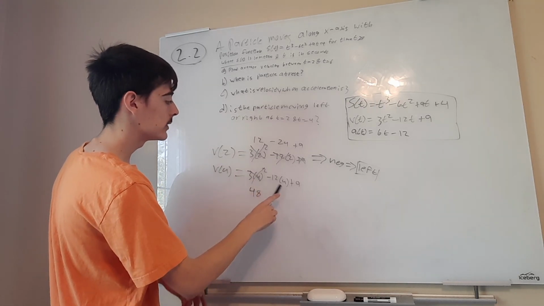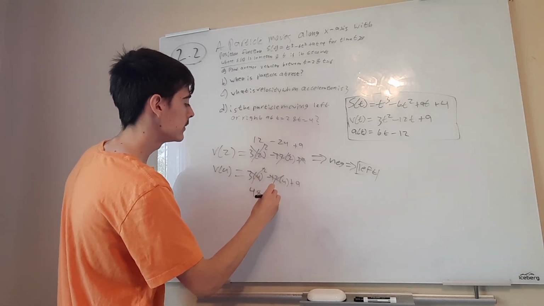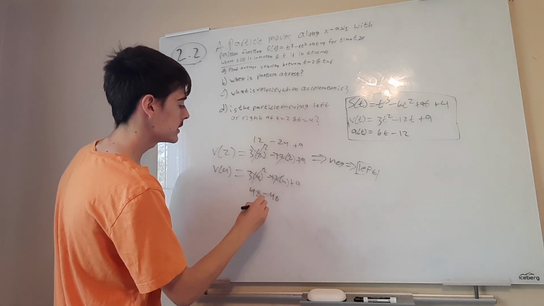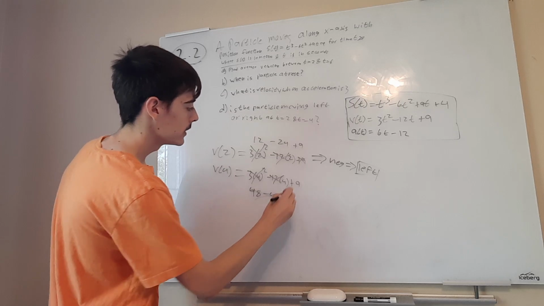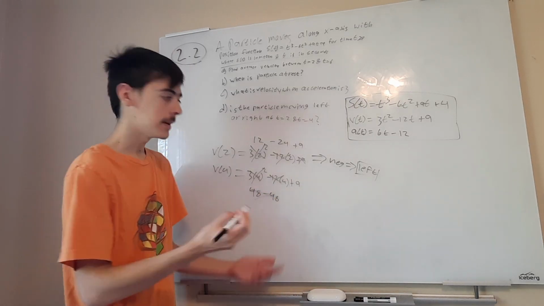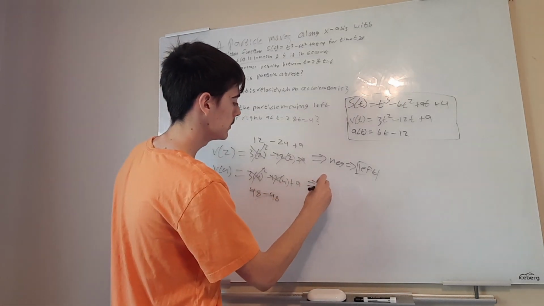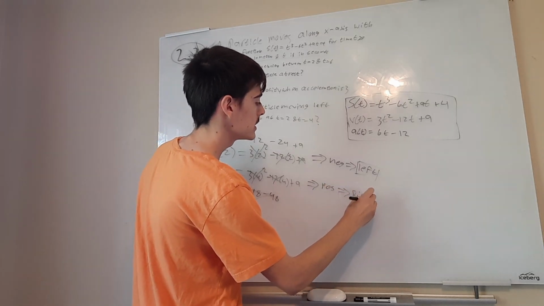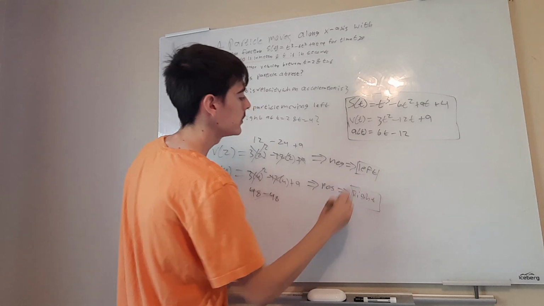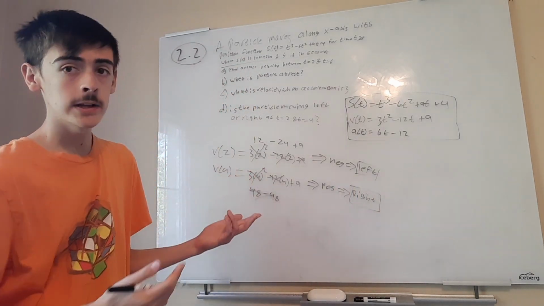However, we have a minus 12 times 4. That's also going to be 48. So 48 minus 48, that's just going to be 0, and that's all going to go bye-bye. We are still left with a plus 9. So because plus 9 is all we have left, that means that we are left with a positive value. Because we're left with positive, like I said, positive velocity means the particle is going to be moving right. And those are our two answers.